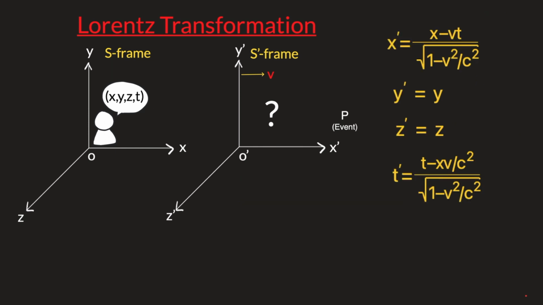To avoid any confusion in future, we should also notice that the dimension of vt is that of length, so that's why vt is subtracted from x. Similarly, the dimension of xv upon c square is of time, that's why it is subtracted from time. 1 minus v square by c square is dimensionless.